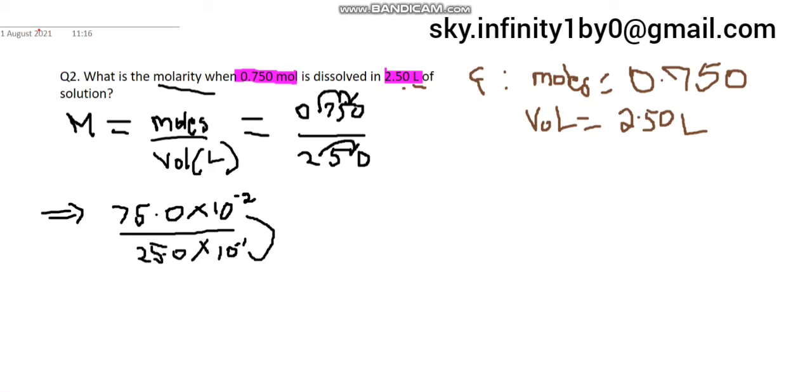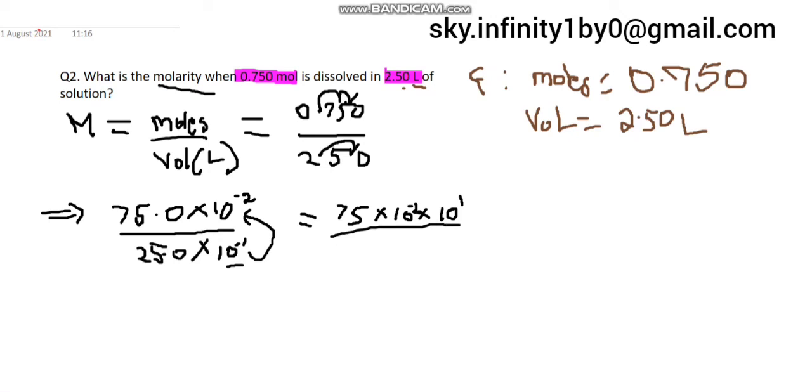Whenever we take this term to the numerator, this negative sign turns positive. So moving ahead, the numerator will be 75 into 10 raised to minus 2 into 10 raised to 1, since we have taken it from the denominator over here.